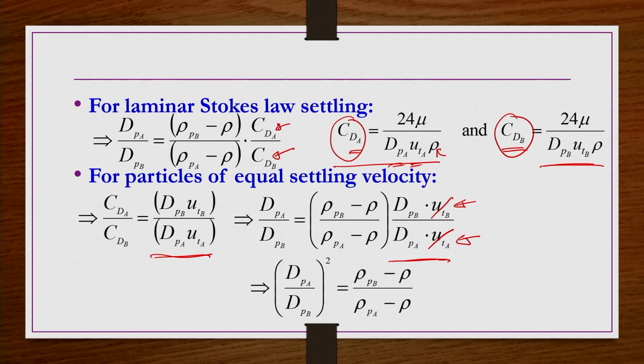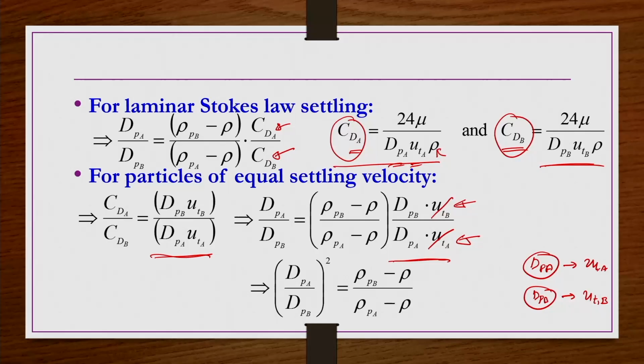There are some particles of A with size, let us say dPA, whose terminal velocity is the same as particle type B whose size is, let us say, dPB. Let us not confuse: dPA has terminal velocity UTA for some size we do not know, and dPB also has some terminal velocity.